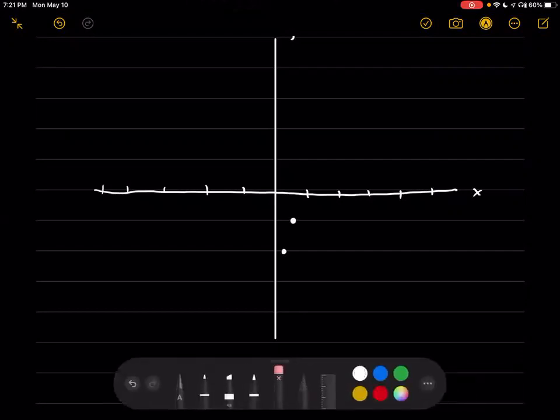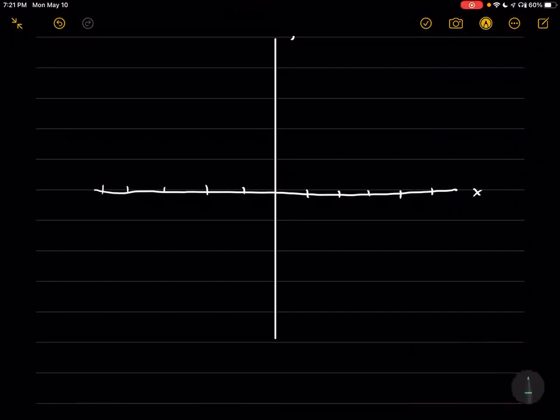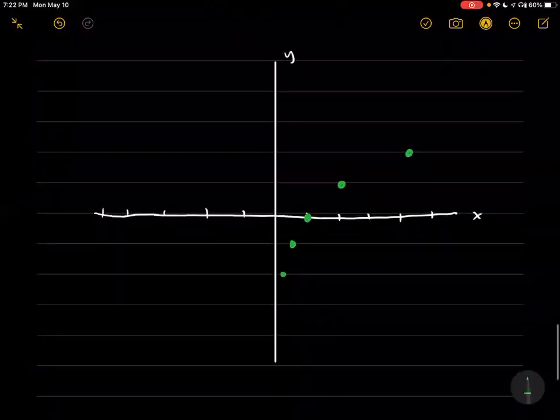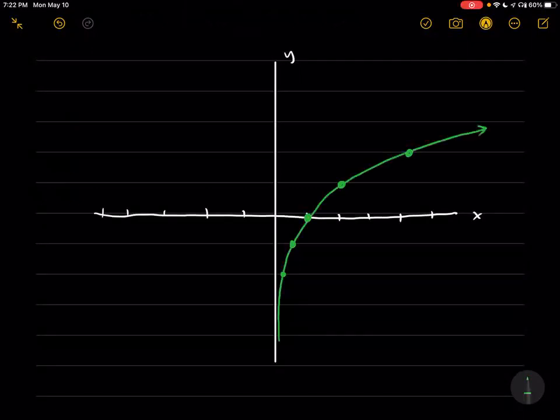Now here, let me make these colorful so we can really see what's going on. So those points were here, here. And then x equals 1, we had 0. At x equals 2, we had 1. At x equals 4, we had 2. So the graph of this function looks kind of like that. This is log base 2 of x.